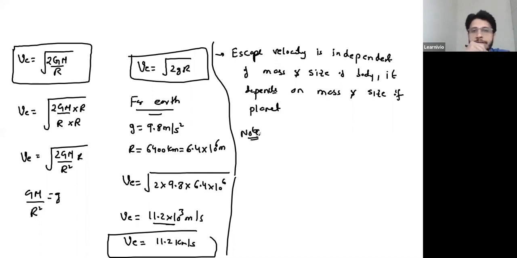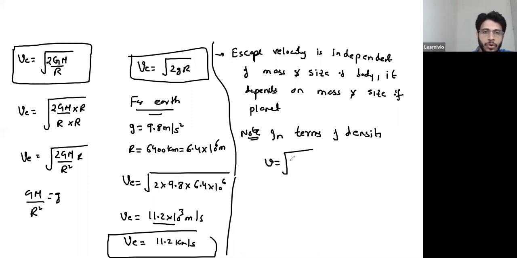For objectives, you can be asked to write this expression in terms of density and volume. So in terms of density, escape velocity is root over 2GM by R. The density of Earth is mass divided by volume.